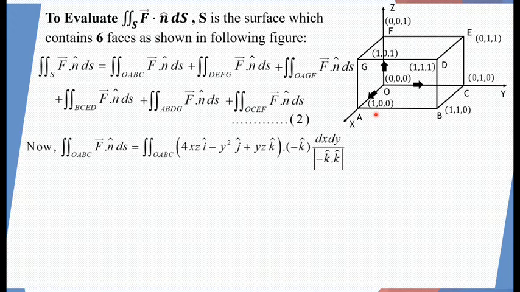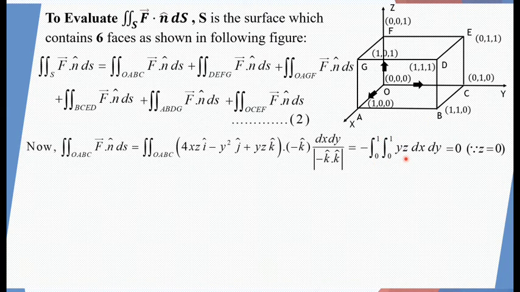And the face is on the downward side, so the n cap will be minus k cap, and for the xy plane dS is converted into dx dy upon mod of minus k cap dot k cap. So it is 1, and when we take the dot product then it will be minus yz. So it is minus yz dx dy, and the limits for x are 0 to 1 and for y also 0 to 1.